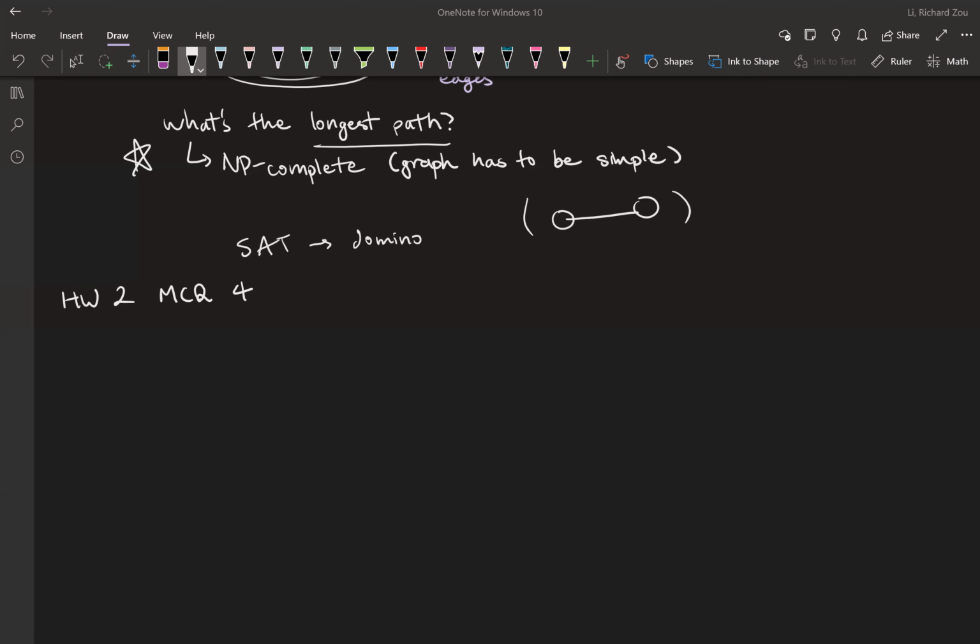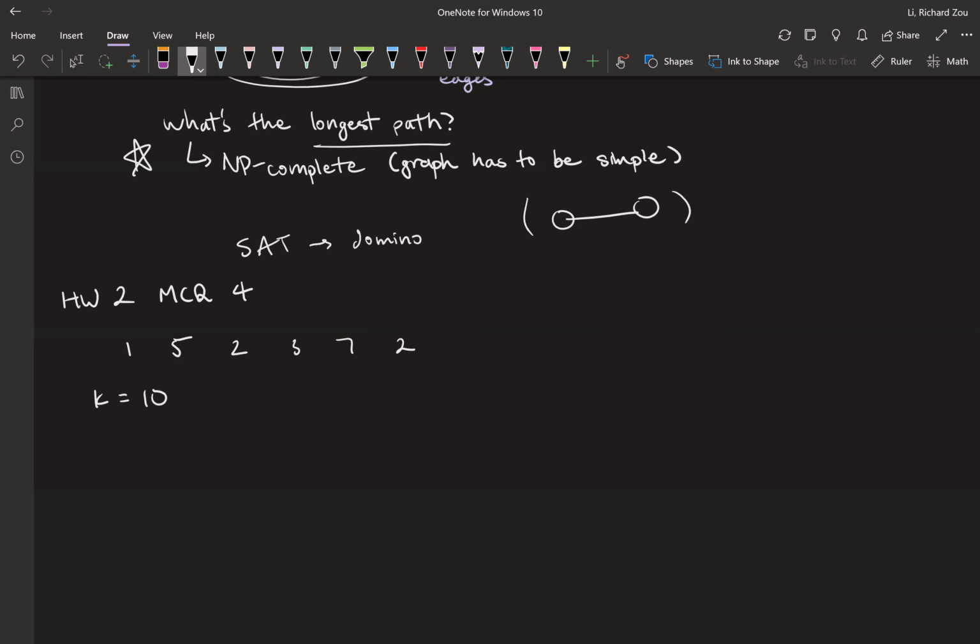But what you should notice is that suppose we have a bunch of numbers: 1, 5, 2, 3, 7, 2, whatever. And we're given a target number, say 10.